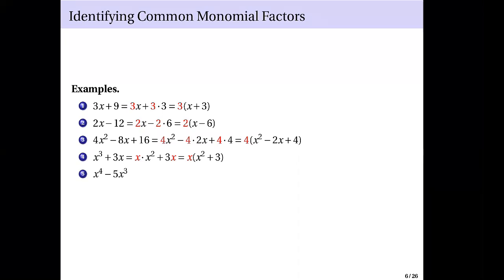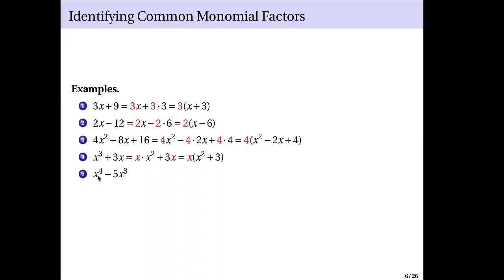Okay. Next example, you have x to the 4 minus 5x cubed. So looking at this, you have x to the 4, and then you have x cubed in here. This x to the 4 can be decomposed into x times x times x times x.